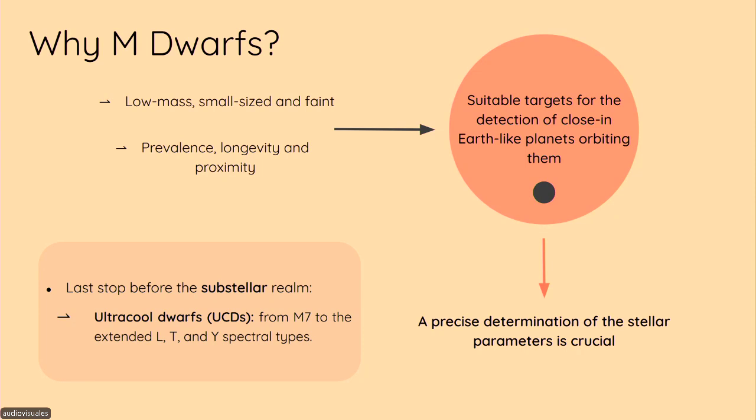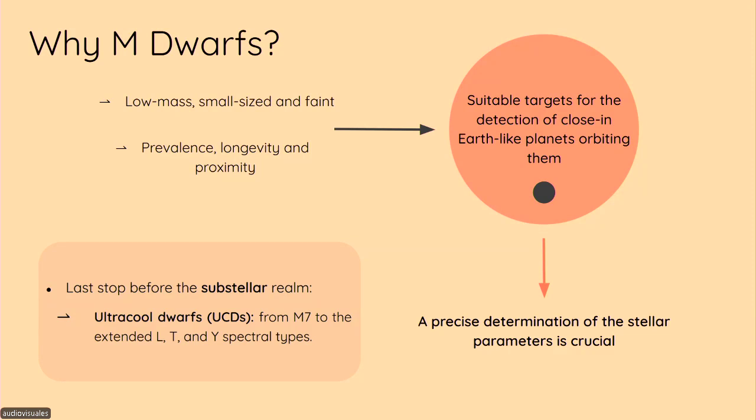Okay, and this is a very complex topic in M dwarfs because, as they have very low temperatures, we can find a lot of molecular absorption bands in their spectra that make it very difficult or non-trivial to estimate the stellar parameters from these spectra. We also need to characterize these stars very well because, as I told you, M dwarfs are magnetically active, so they can also be a problem for the search of exoplanets orbiting around them, and in terms of habitability.